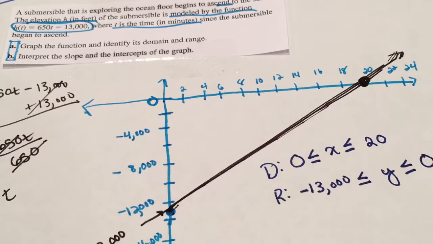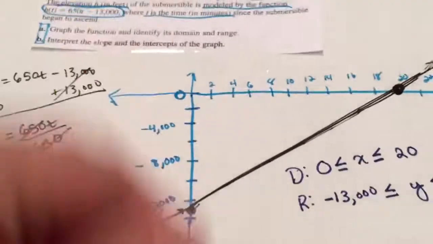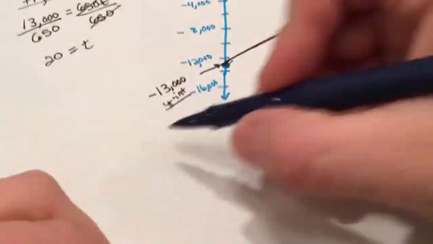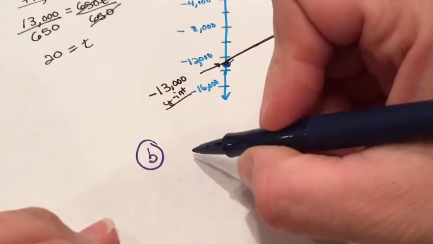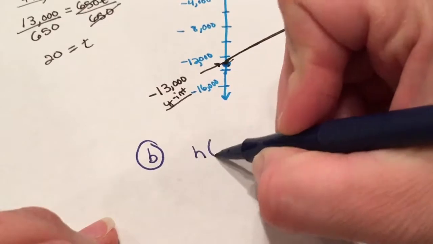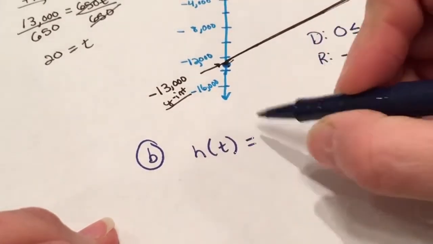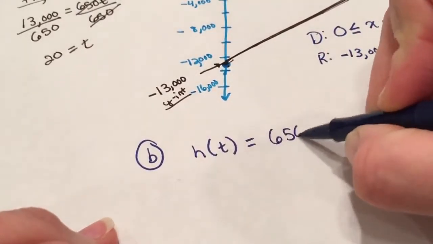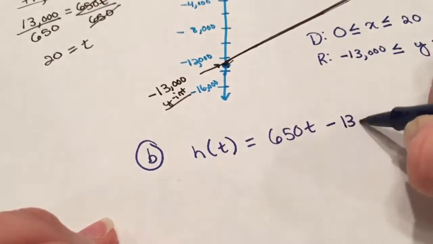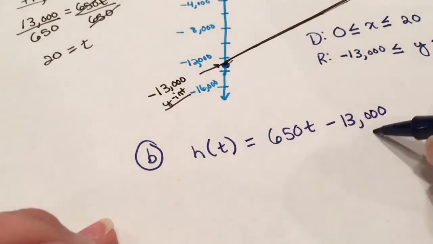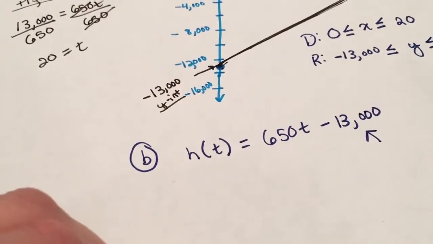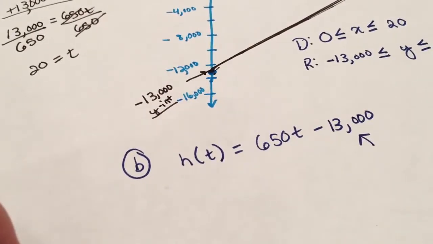Part B says to interpret the slope and the y-intercept of the graph. So let's take a look at my slope. Based off of the equation, I'm just going to rewrite the equation down here. So this is part B. My equation is h of t is equal to 650t minus 13,000. The y-intercept is the beginning part. That's where we're starting.